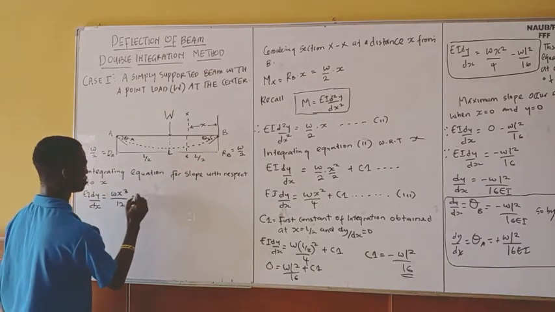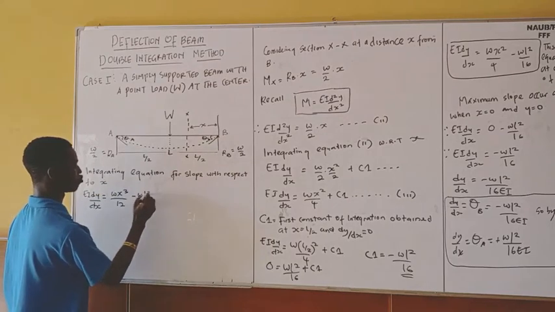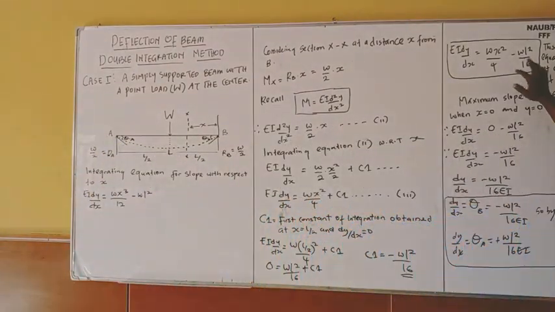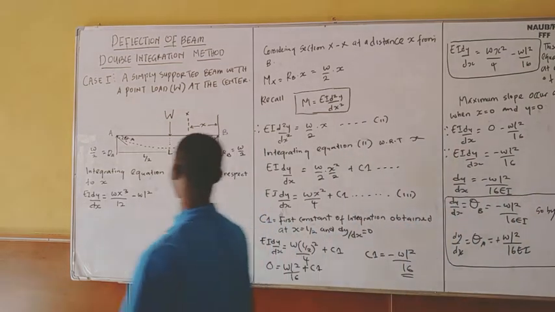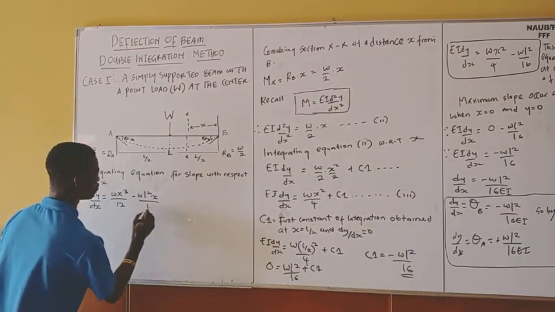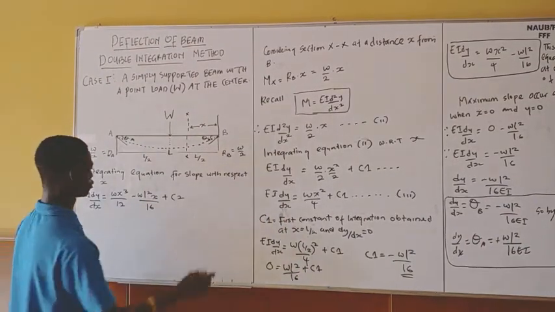Then we still have minus wl square over 16, but don't forget that we are integrating with respect to x, and in this case we don't have x. Definitely all this one is a constant. So by integrating a constant, we are going to have a variable. So we are going to have x here, plus c2.